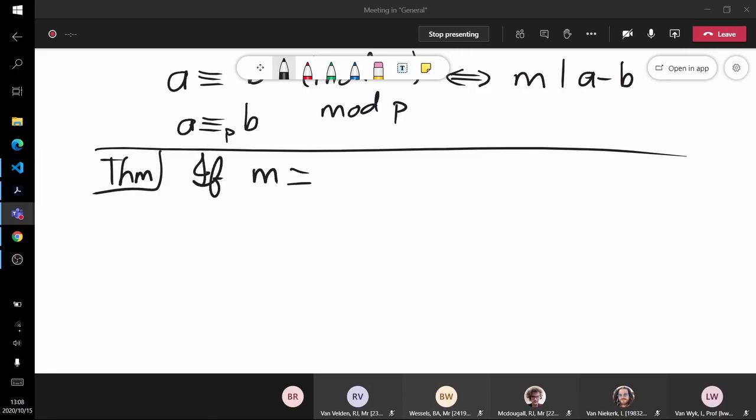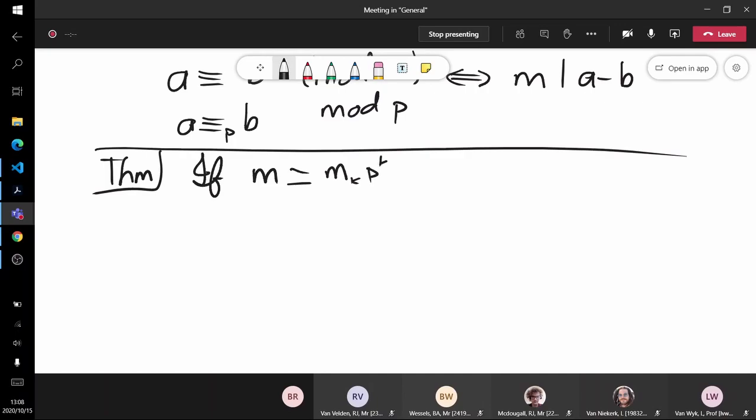So p is a prime number, 2, 3, 5, 7, any prime, and I'm going to write m as m_k p^k plus and so on, up until m_1 times p plus m_0, where m_k is the kth digit.